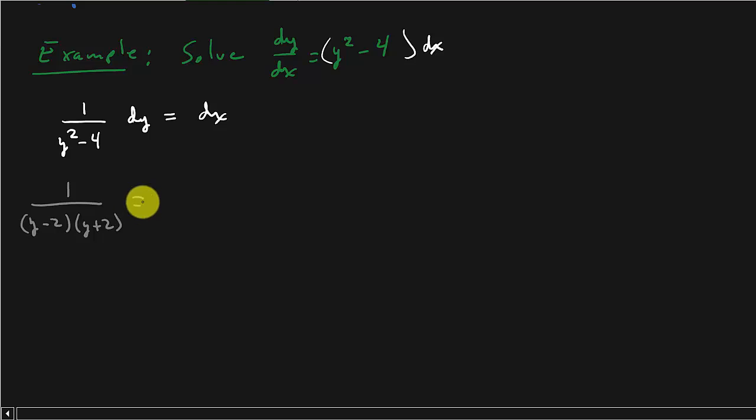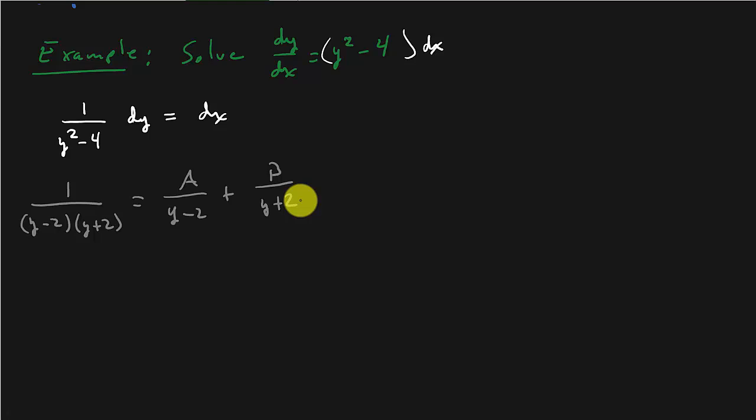That is going to be a over y minus 2 plus b over y plus 2, and you probably have a good idea what we're about to do. That would be correct. We are doing partial fraction decomposition.